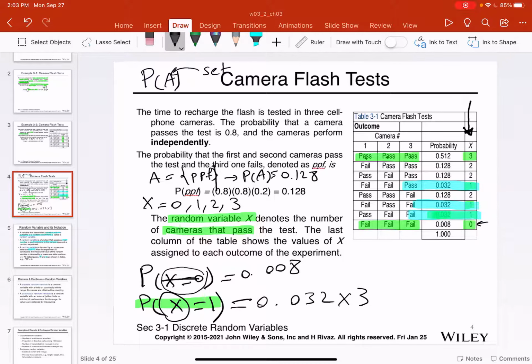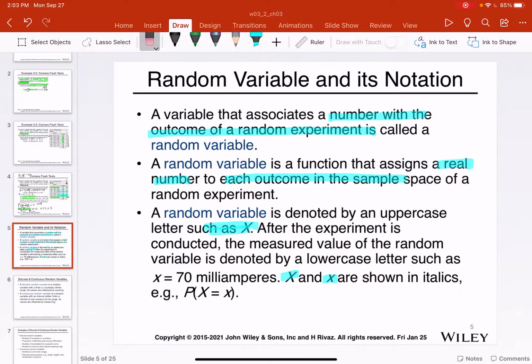And a certain outcome, for example 1, we denote as small x. So when we write small x, that means it's one outcome of a random variable. So x is a certain outcome of the capital X. For example, if we are measuring current in milliamps, then we want to calculate probability of our current being 70 milliamps.